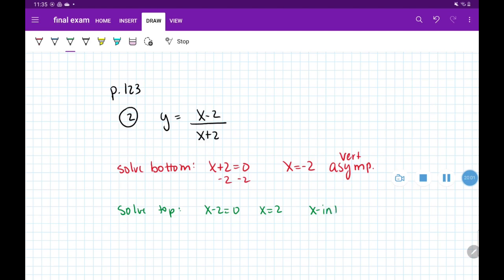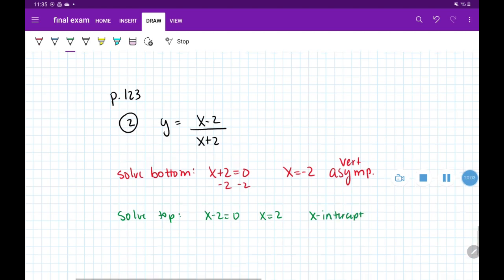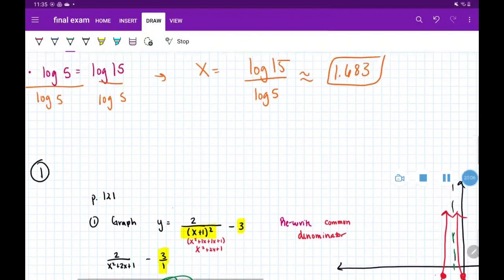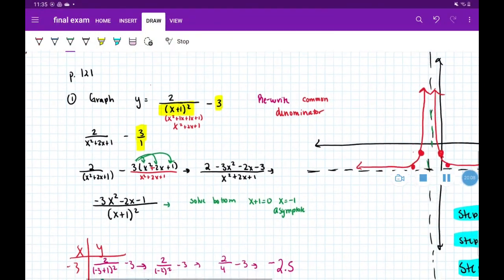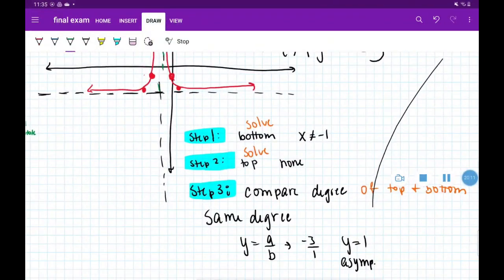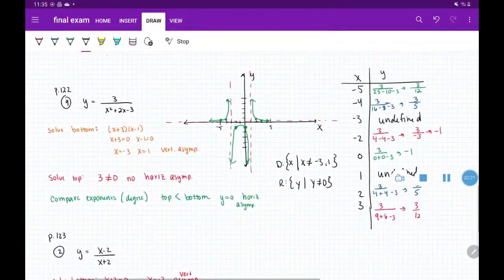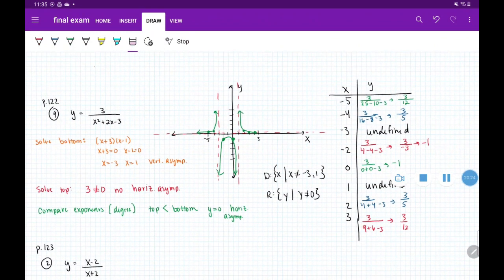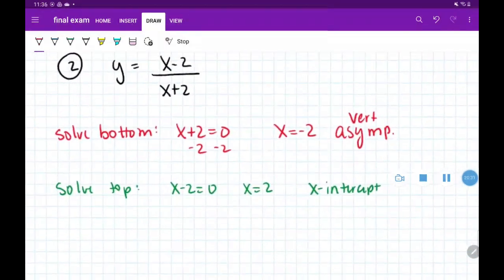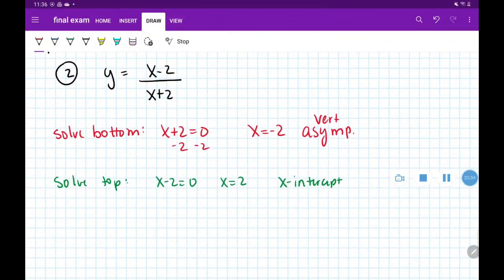Shoot, that's an x-intercept. So the top is always x-intercepts.